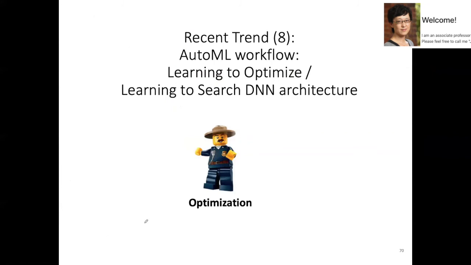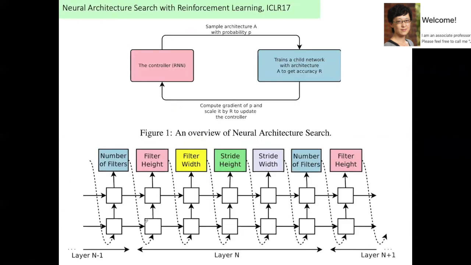Now let's talk about the third very exciting workflow called AutoML. Essentially, designing deep learning topologies is very difficult. It used to be more like art. I mean, how do you know how many layers, what's the hidden size, what's the feature size, and so on and so forth.